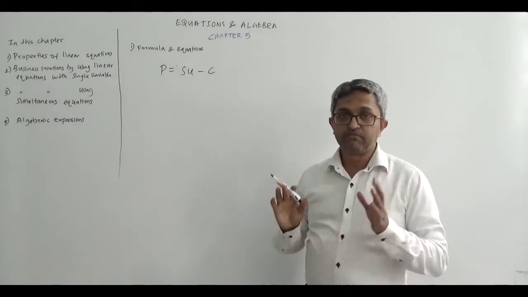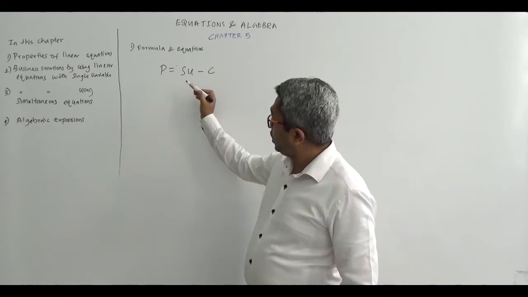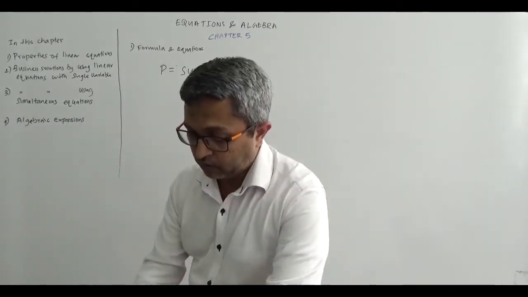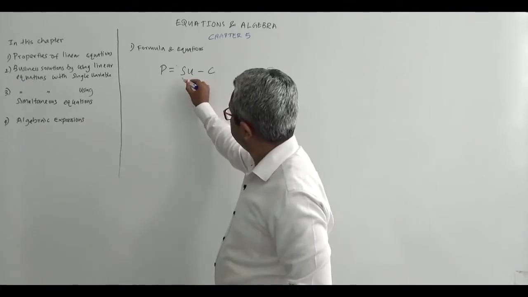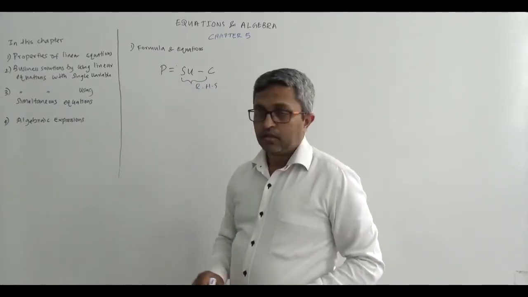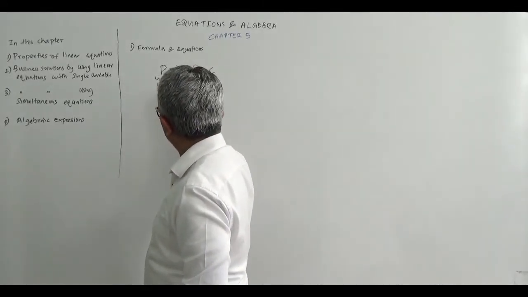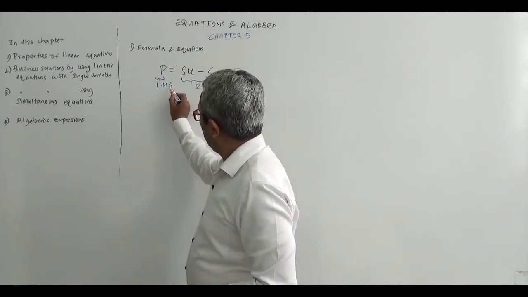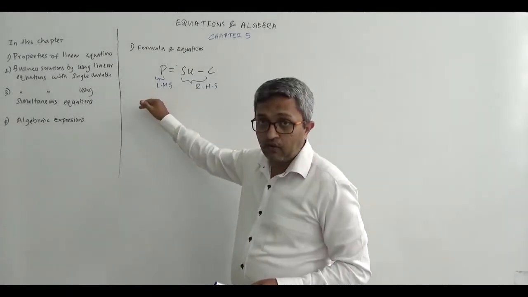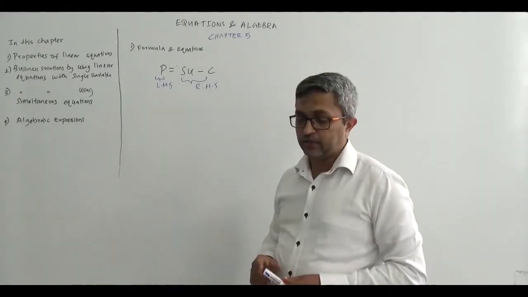What does an equation mean exactly? You know that we call the two sides the right hand side and the left hand side. What it means for us is that the left hand side is always equal to the right hand side. This is the meaning of the equation.